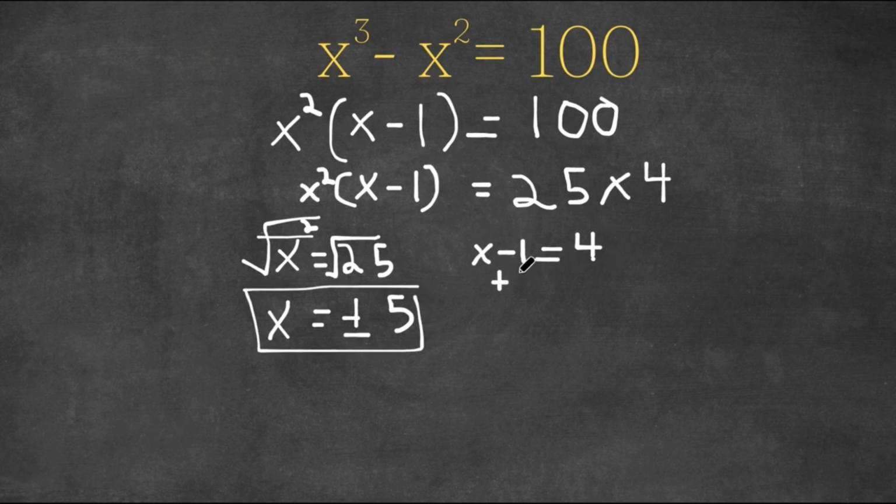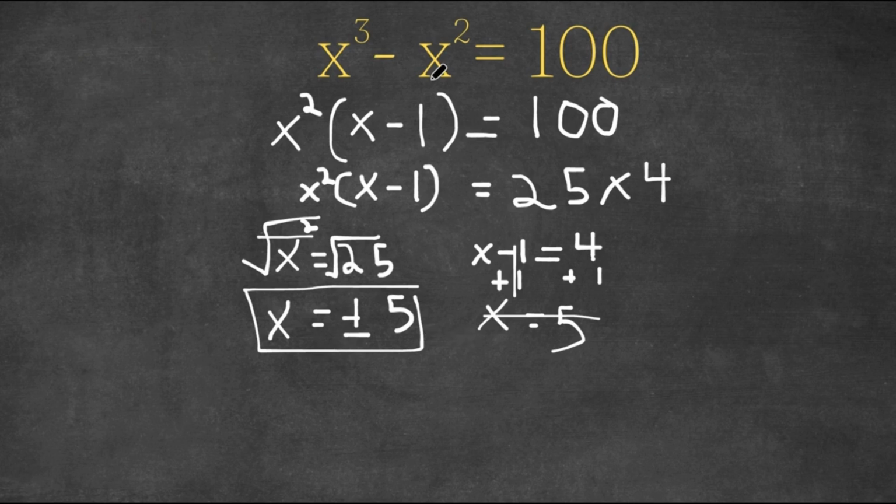Well, we would add 1 on both sides, and if we do that, x equals 4 plus 1 is 5. However, as you can see, 5 is already one of our solutions. So this is just unnecessary. We already have this as a solution. So we have x equals 5 and negative 5.